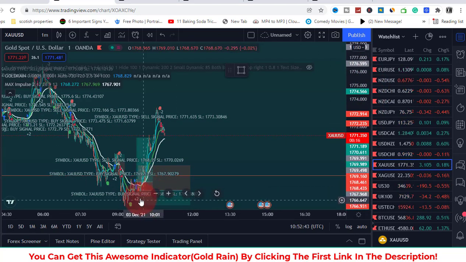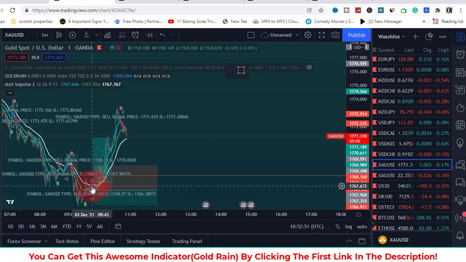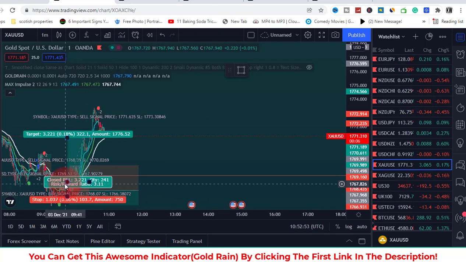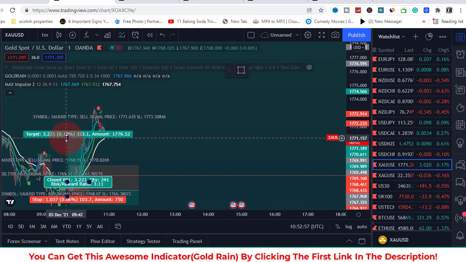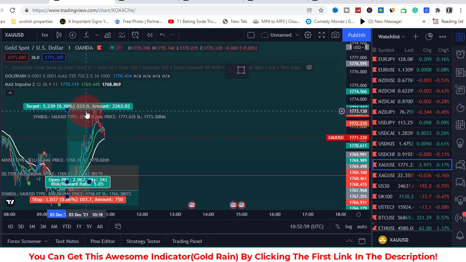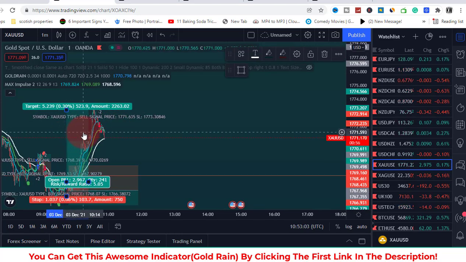You see, I thought it was going to continue down, but it went up and then I lost it. But if I had relied on this buy signal here, which gave me the signal earlier, I could have caught all this move, which is around 52 pips, guys. 52 pips in a matter of minutes using this indicator only.